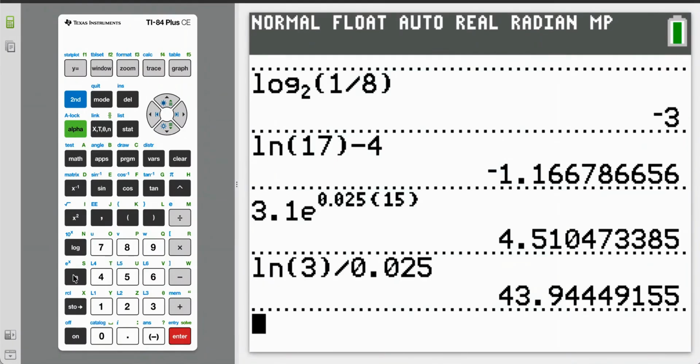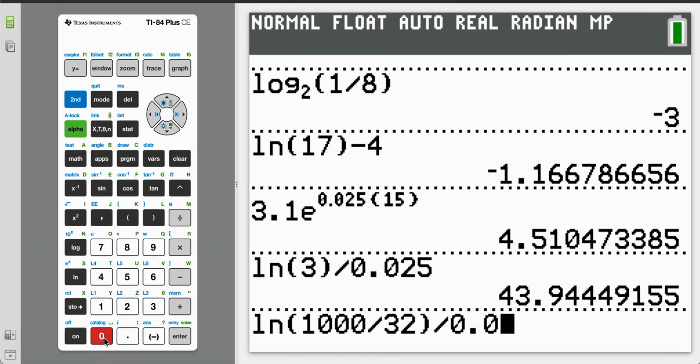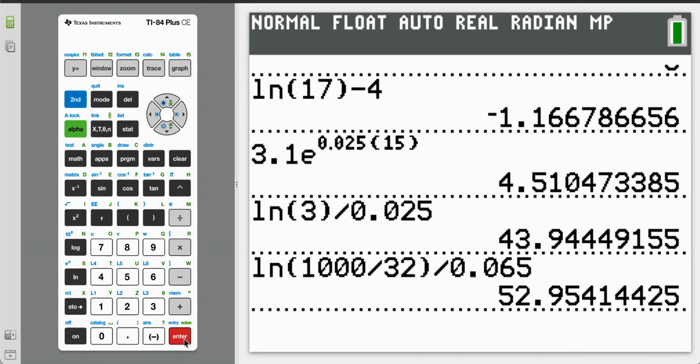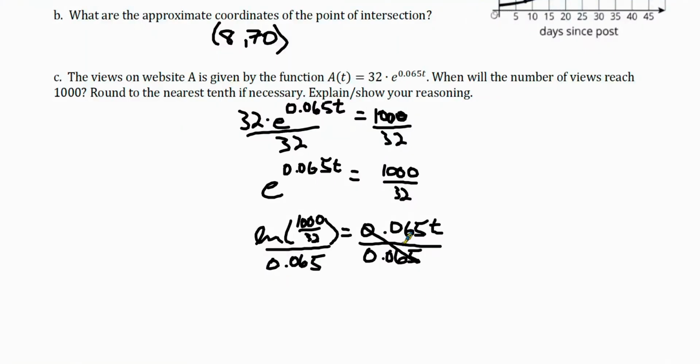So natural log of 1,000 divided by 32, close the parenthesis, divided by 0.065, and that gets me, again, round to 4 decimal places, 52.9541. All right, so after almost 53 days, they get to 1,000 views.